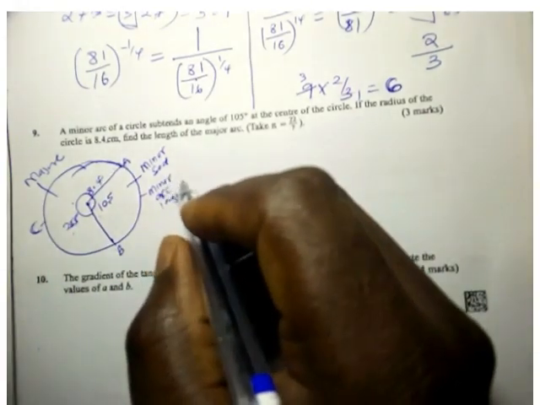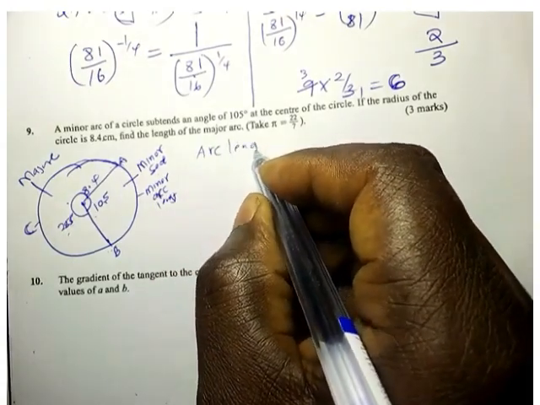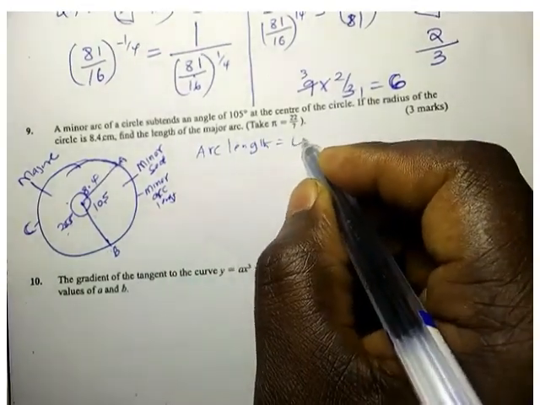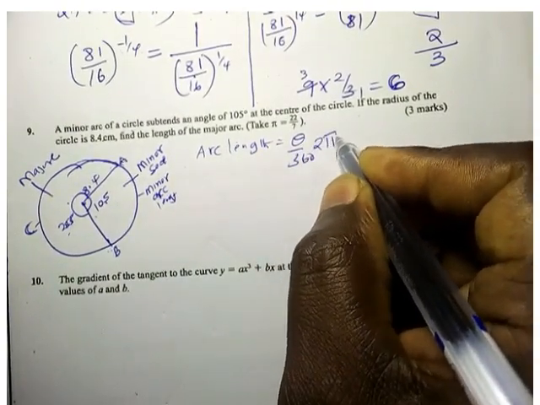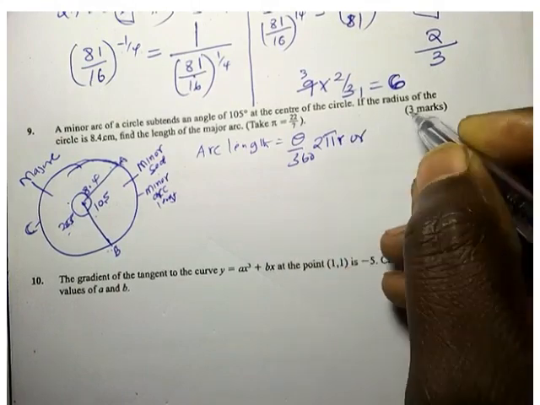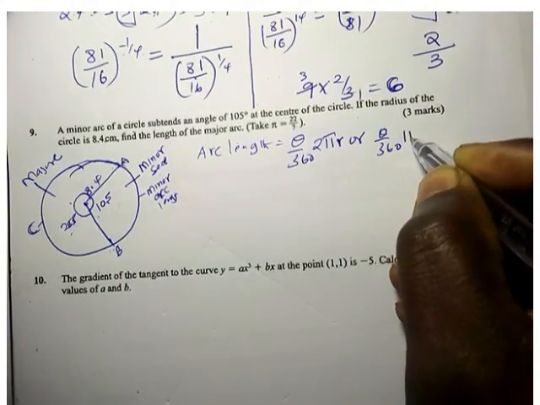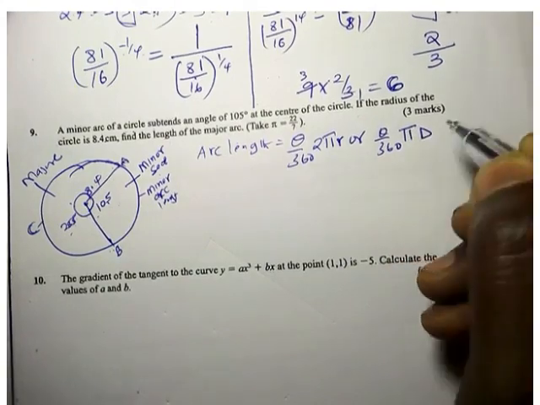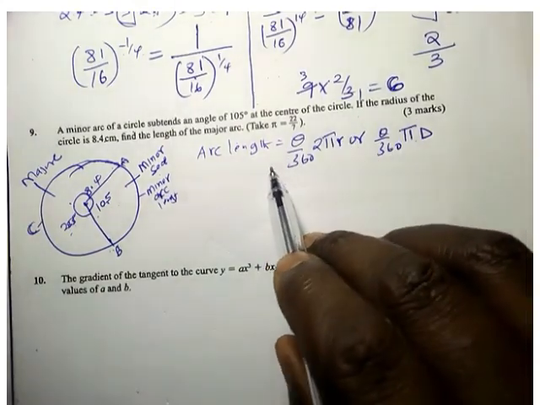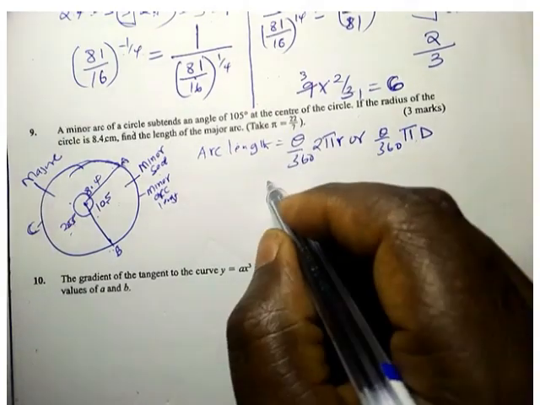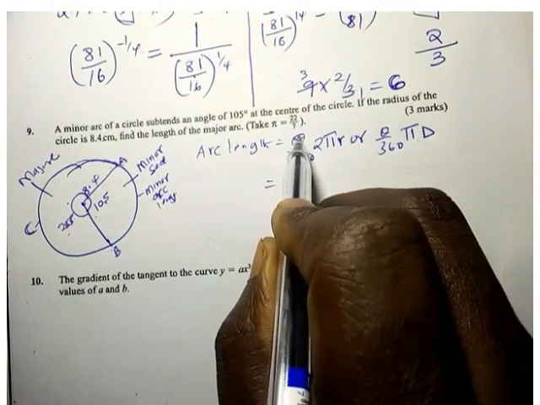So then you need to know the formula. Arc length is equal to theta over 360 times 2 pi r, or theta over 360 times pi d. If you have the diameter you can use the second one, but now we have the radius, so we can use this one. Theta is the angle subtended at the center.